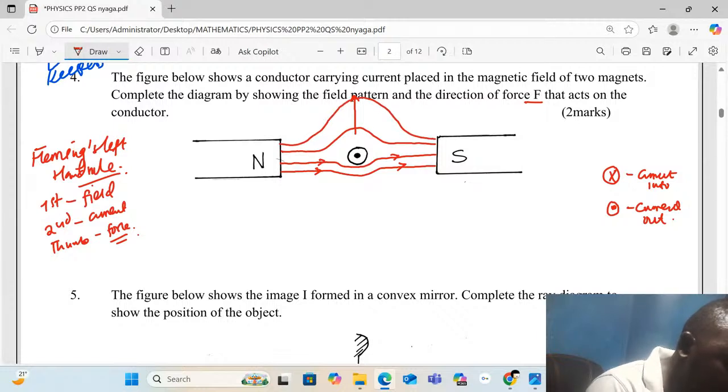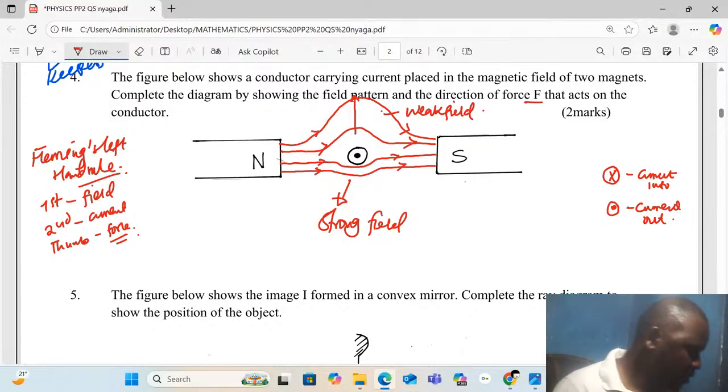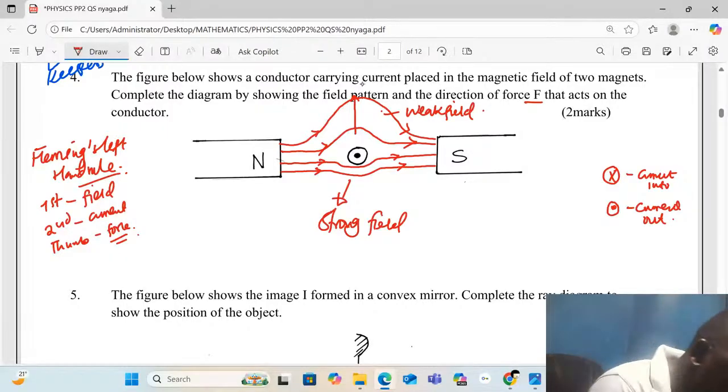So this is a weak field, whereas at the bottom, this is a strong field. And at the top, we are having weak field, like that. So you indicate this one as our F.